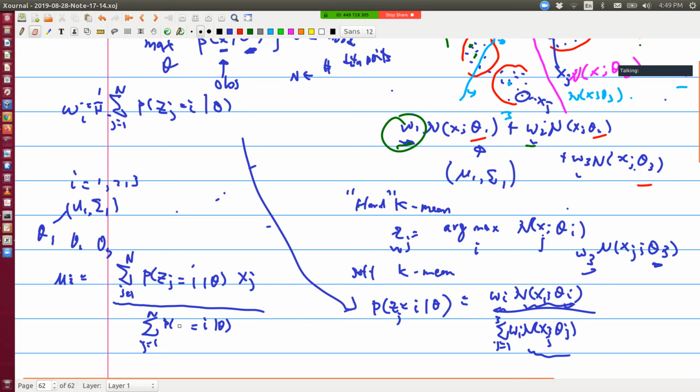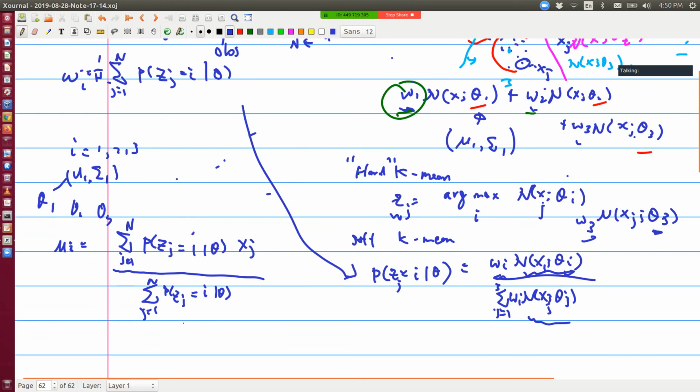That's to estimate the new mean, and it needs normalization. The new variance will be similar, right?